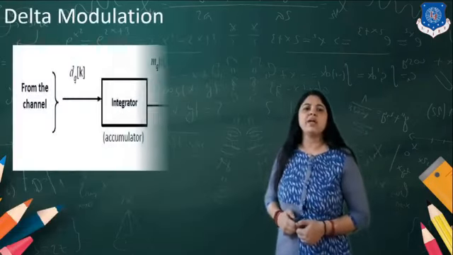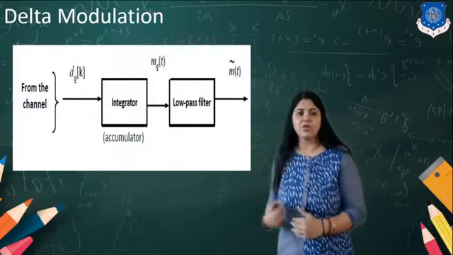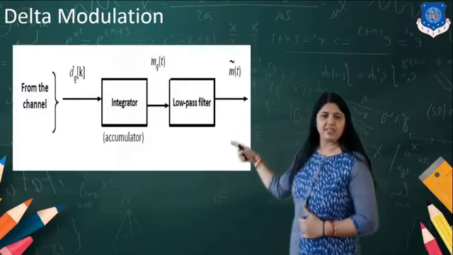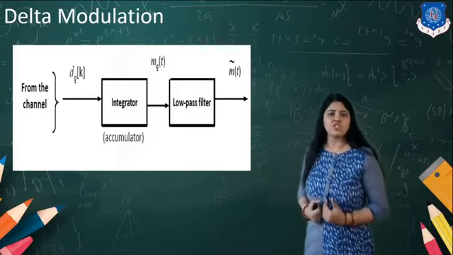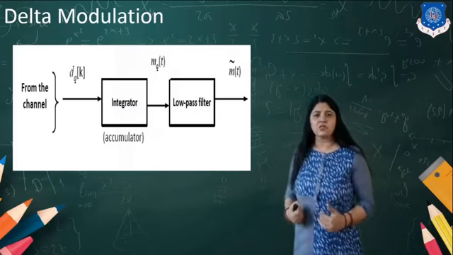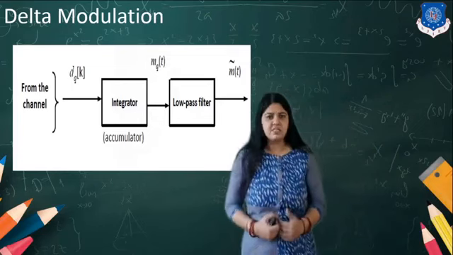So in delta modulation, at the transmitting end we need to perform that task. Now at the receiving end, what we have? We have the output from the channel, which is nothing but the d_q(k) output that we are receiving.